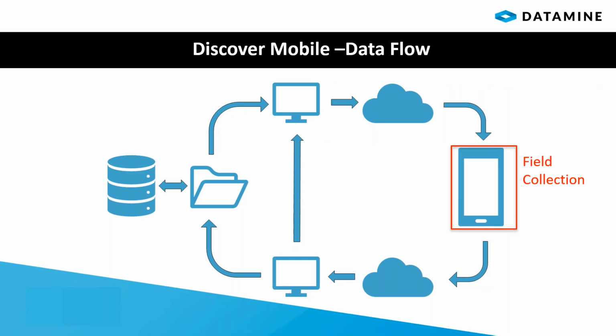The next steps after you've put the project on your phone, either by downloading it off the cloud or by copying and pasting it from your machine to your mobile, is you can then start using the mobile app and recording data in the field.